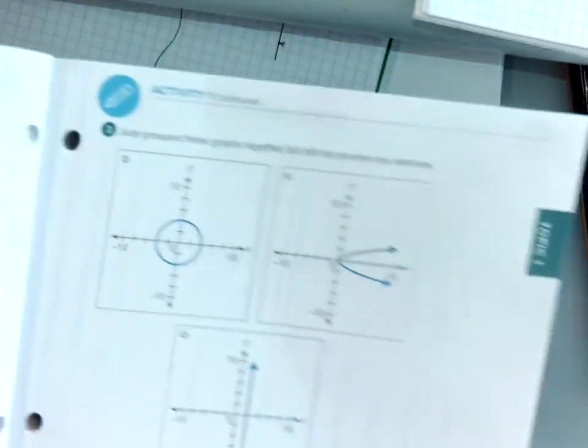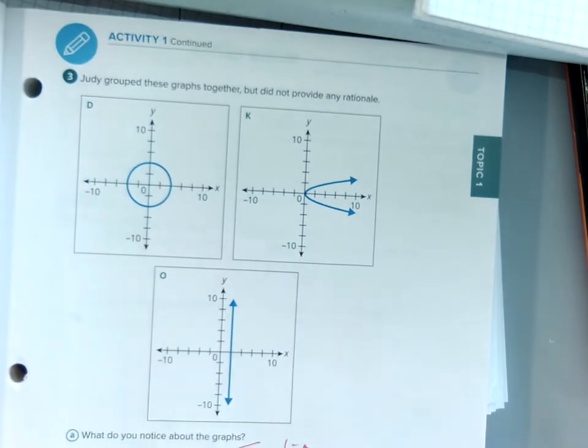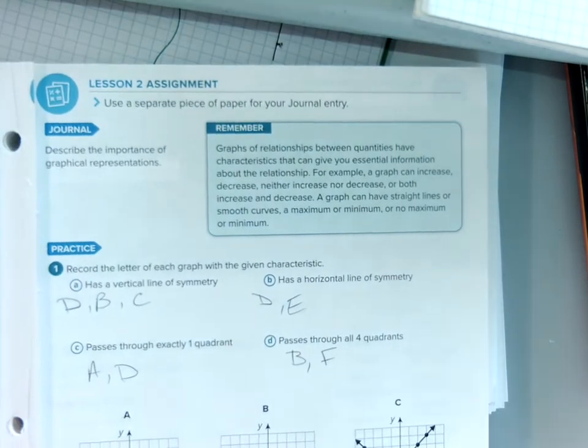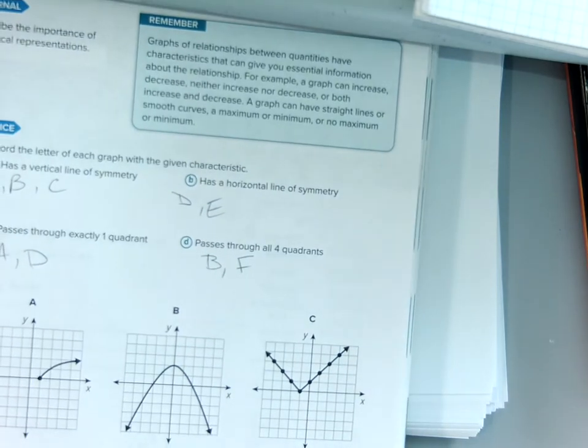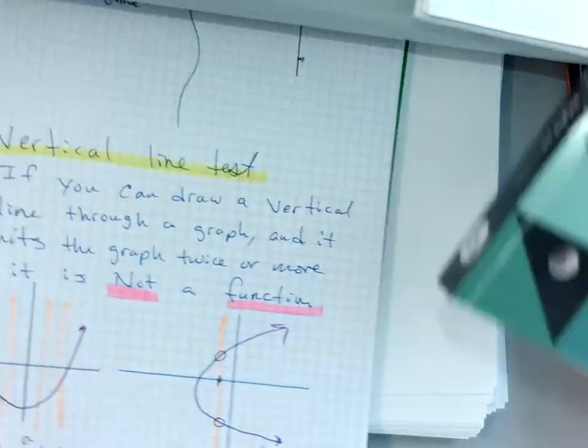We talked about how these graphs are grouped together because they are not functions. Then we looked at the homework, which is page 29 and 30. That's all I have to summarize this. If you have questions, please come and see me.